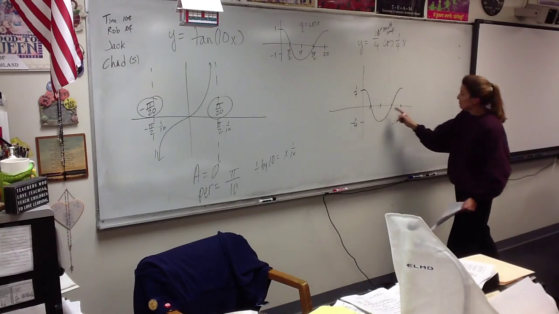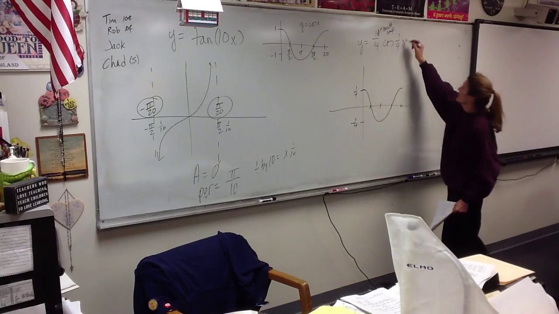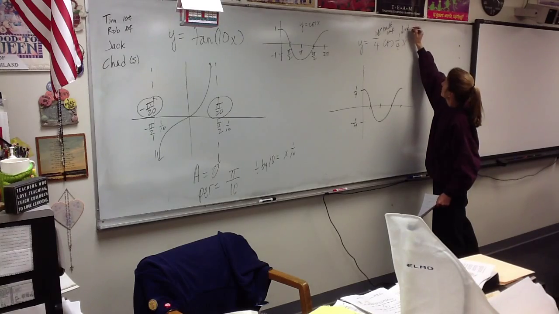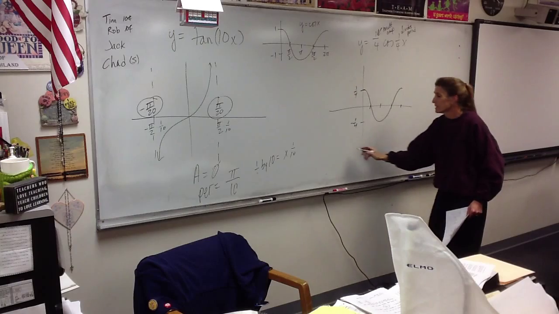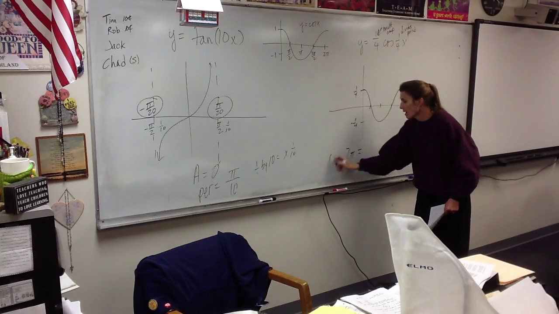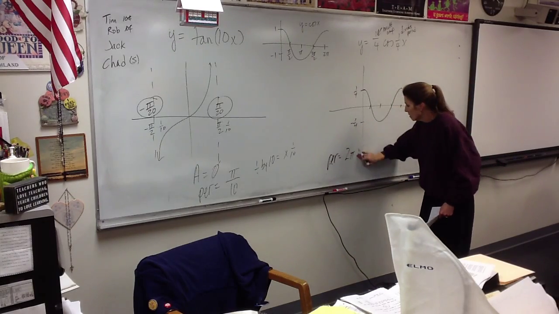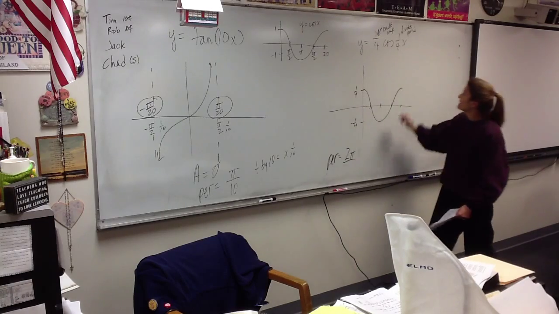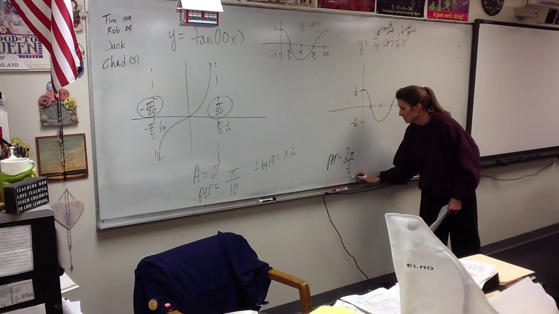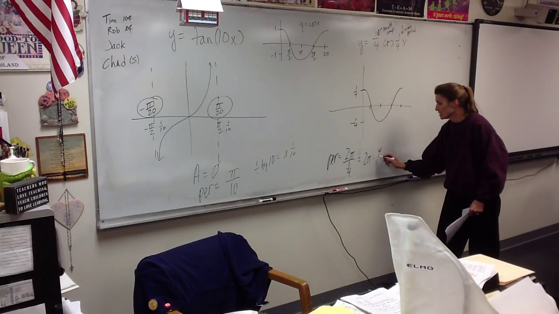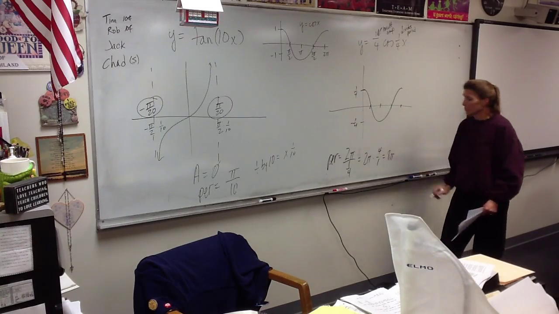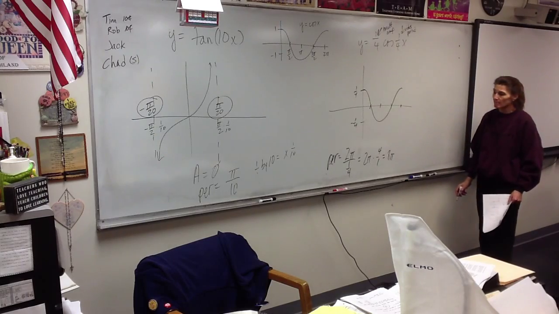And my labels have been adjusted because this number right here divides the period. So my period is supposed to be 2 pi, but I have been divided by a 4th. 2 pi divided by a 4th is 2 pi times 4, which is 8 pi.